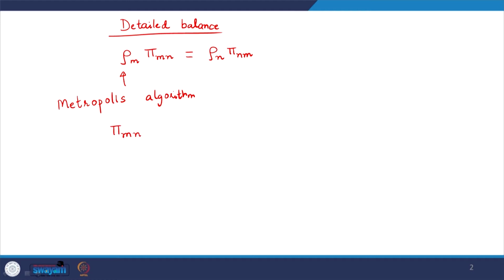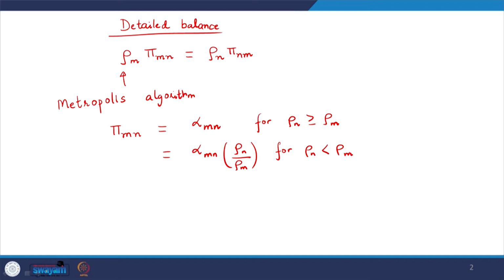So pi mn is assumed to be some alpha mn, where alpha is a matrix, for rho n higher than or equal to rho m, and it is equal to alpha mn times rho n by rho m for rho n less than rho m. Right. So let us first check whether this satisfies the detailed balance or not.